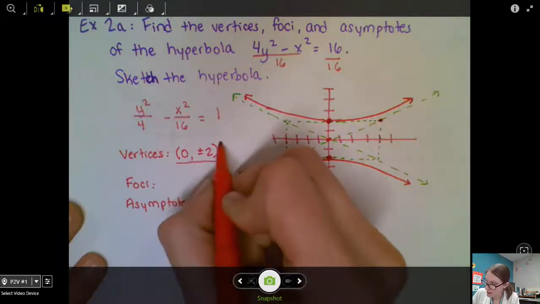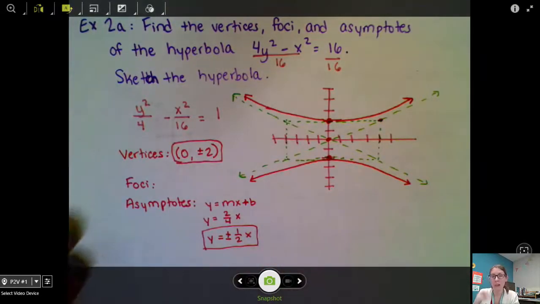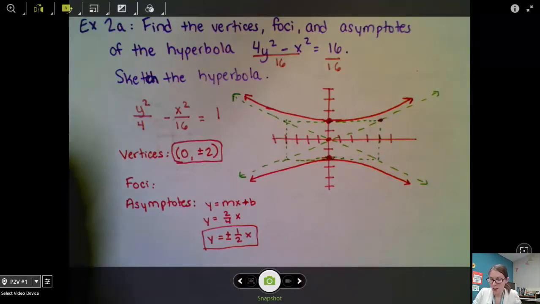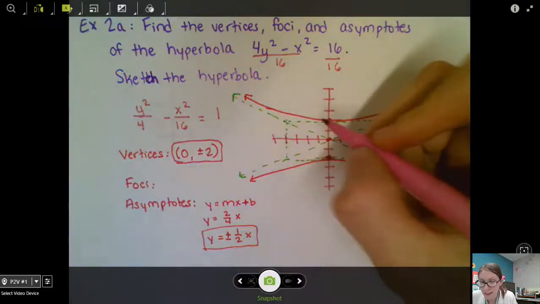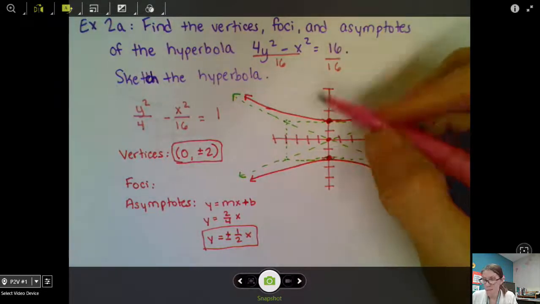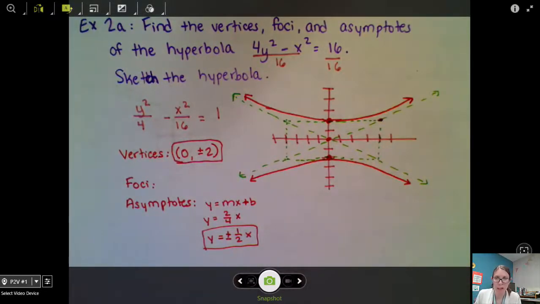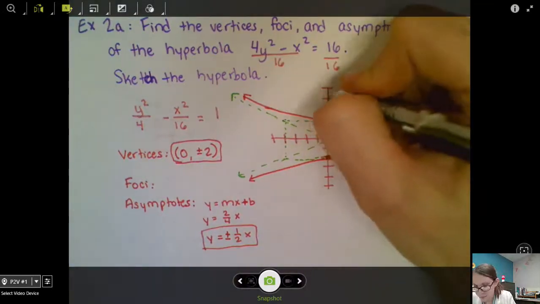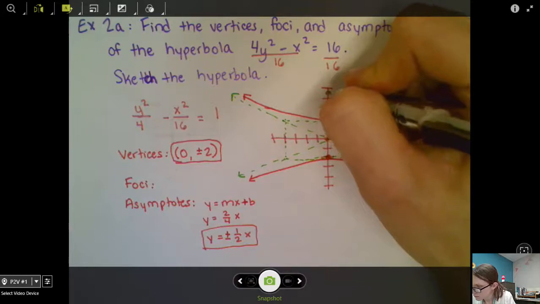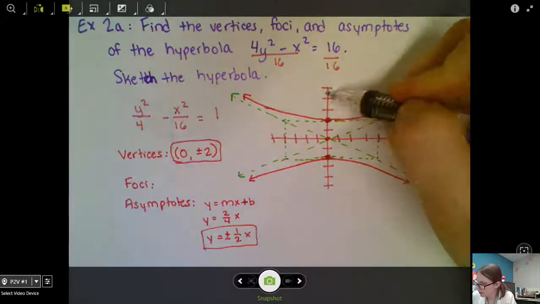We know our vertices are at 0 plus or minus 2. The only thing we have left to figure out is where our foci are. And our foci are always inside our object, inside our parabola, inside our ellipse, inside our hyperbola. I just don't know where the focus is yet. So right now I'm just going to draw in a point with my pencil here.